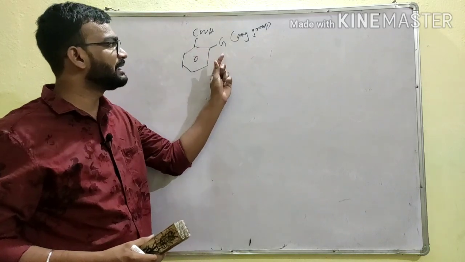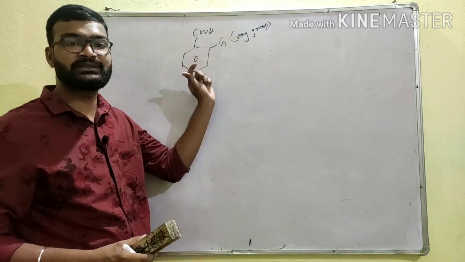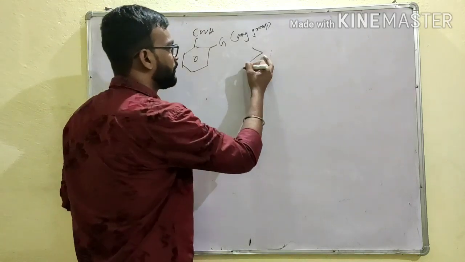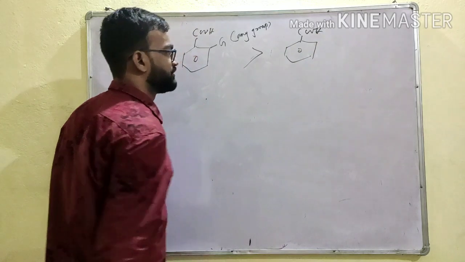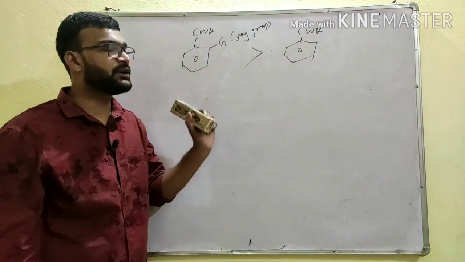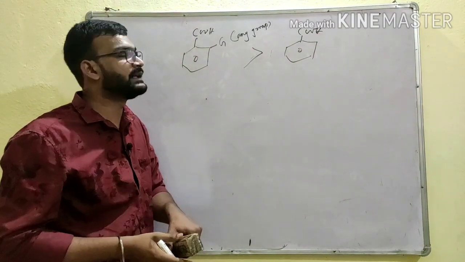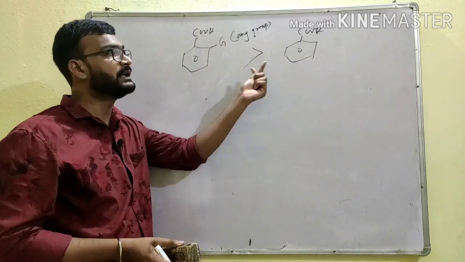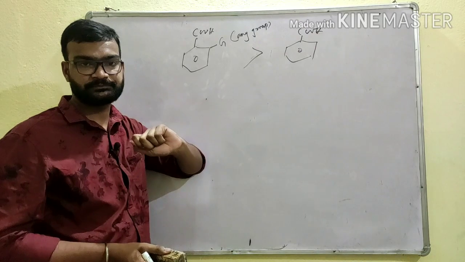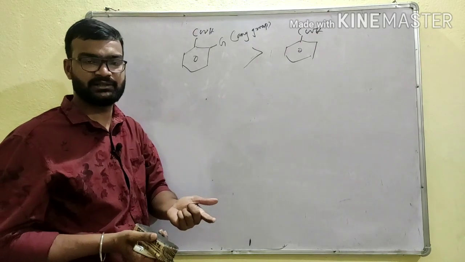The acidity of this acid will be more as compared to normal benzoic acid. So this is the ortho effect. The ortho effect states that an ortho substituted benzoic acid is more acidic than normal benzoic acid.